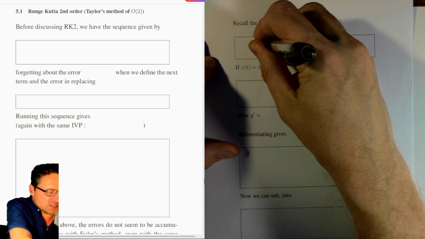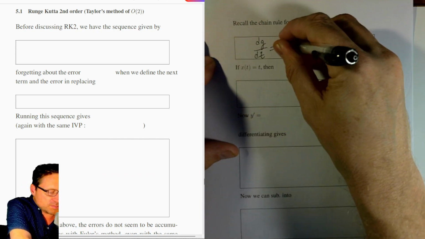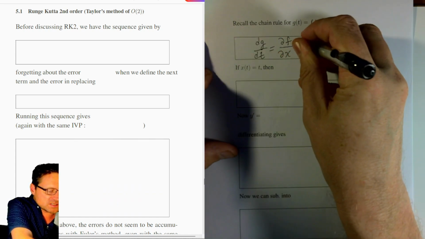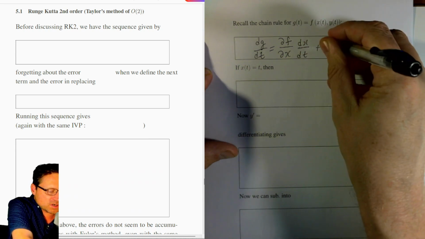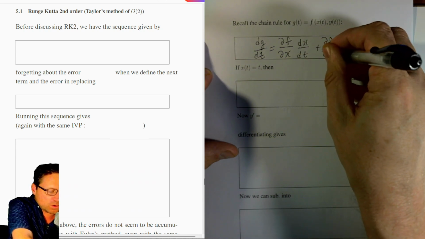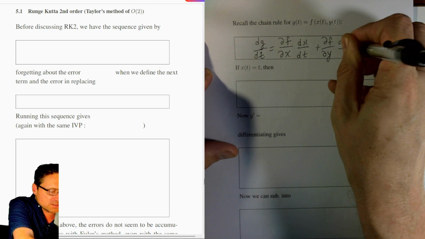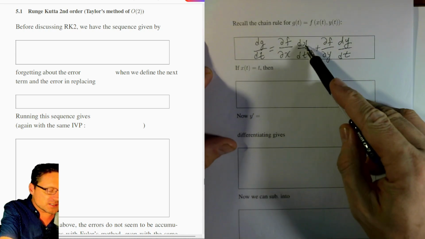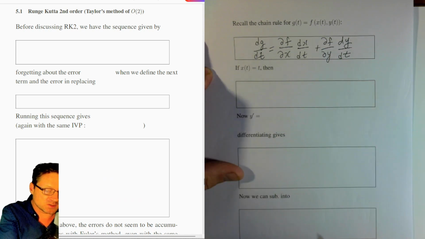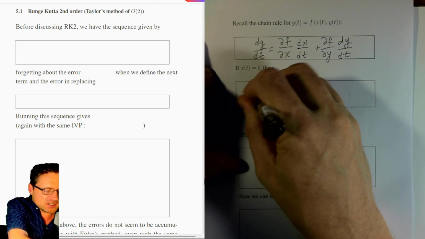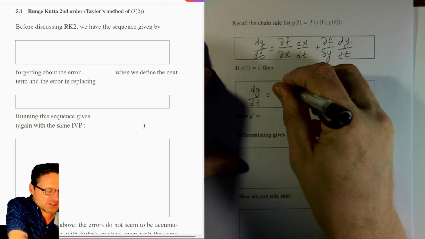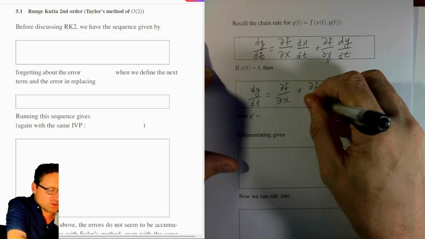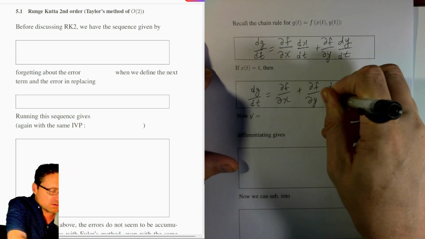We have dg/dt is the partial derivative of f with respect to x times dx/dt plus the partial derivative of f with respect to y times dy/dt. Now if x of t is just t, then dx/dt is dt/dt, which is 1. So dg/dt is the partial derivative of f with respect to x plus the partial derivative of f with respect to y times dy/dt.